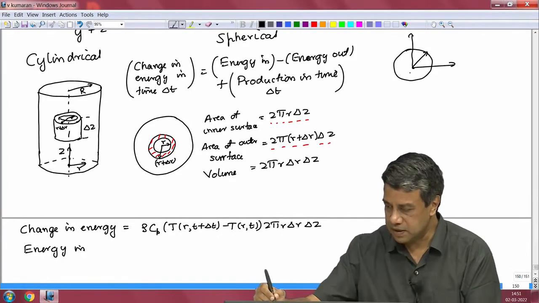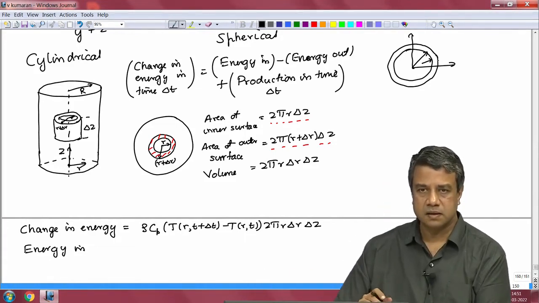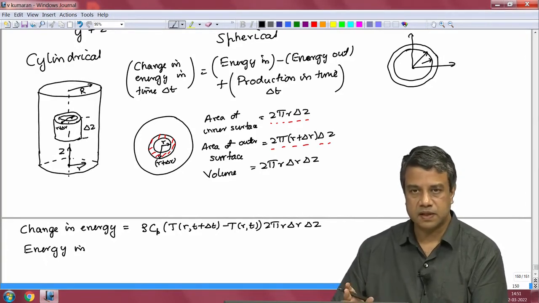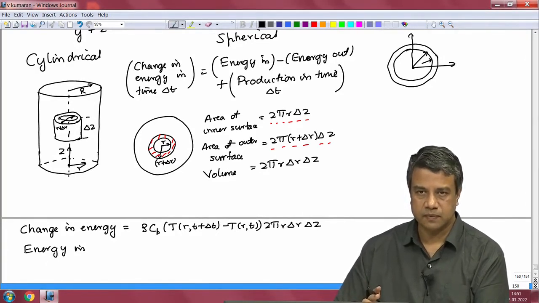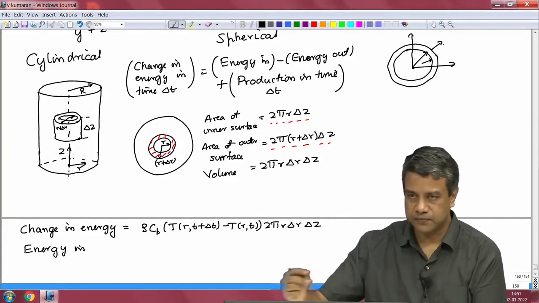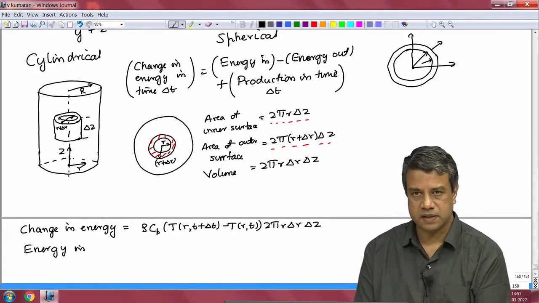Therefore, at the inner surface a flux in the r direction will enter the volume. At the outer surface, a flux in the r direction will leave the volume. So, therefore, the energy in is the energy at the inner surface at r.